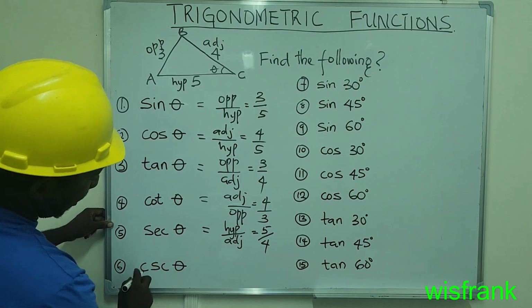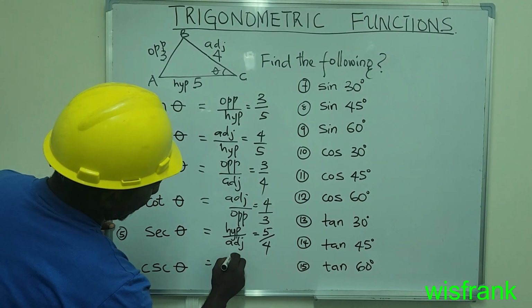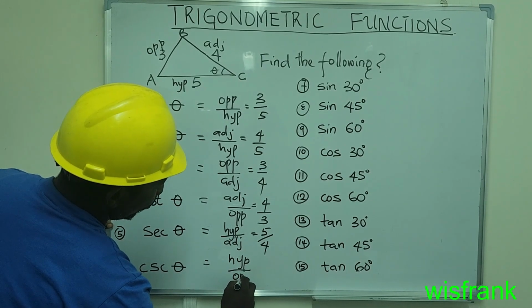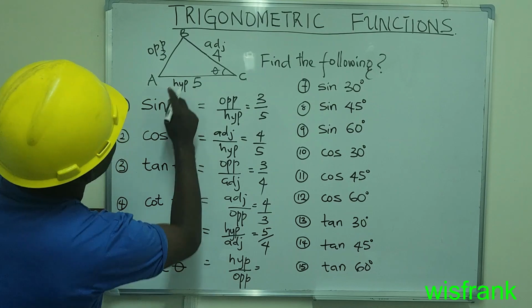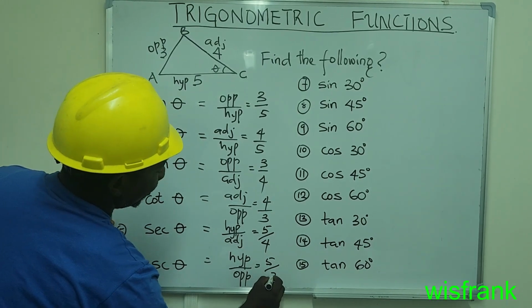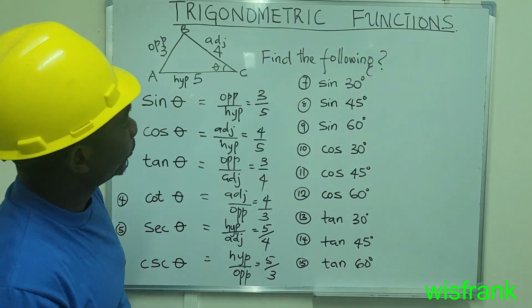So cosec theta is equal to hypotenuse all over opposite, which is the same thing as 5 all over 3. So we move to number 2.